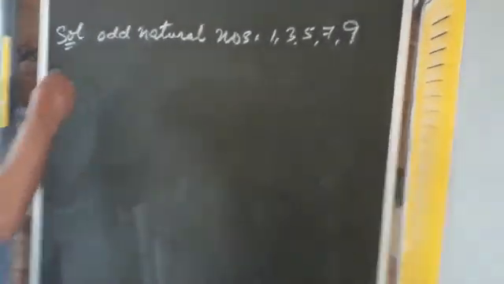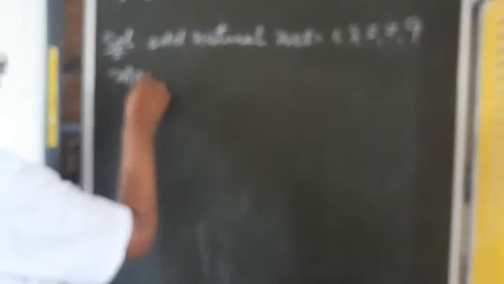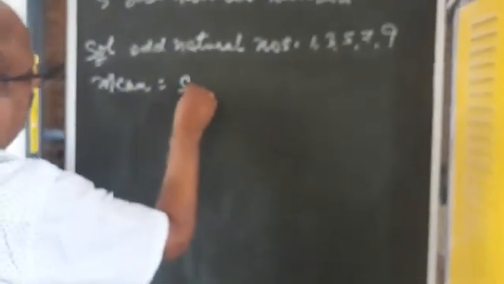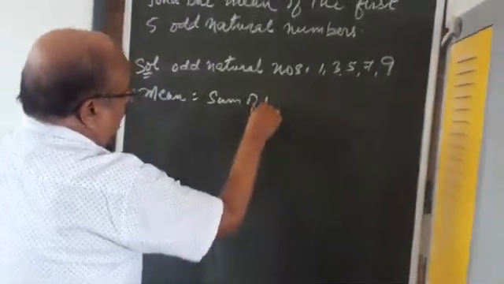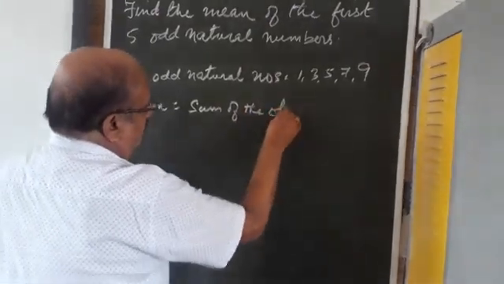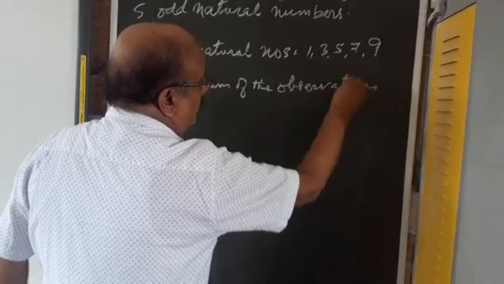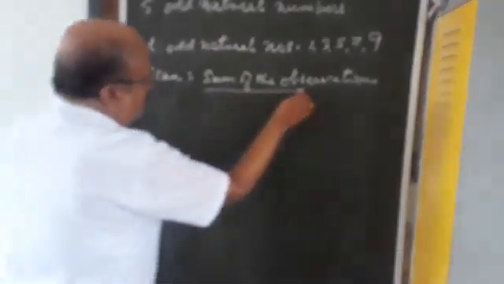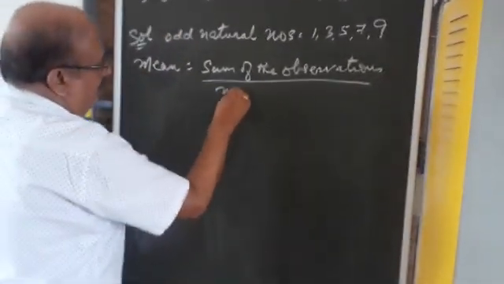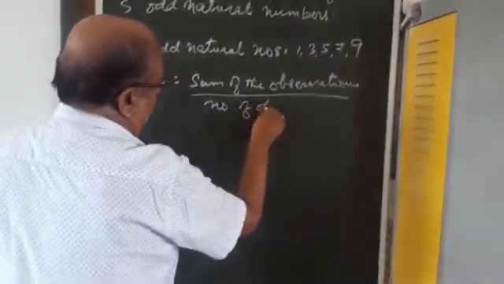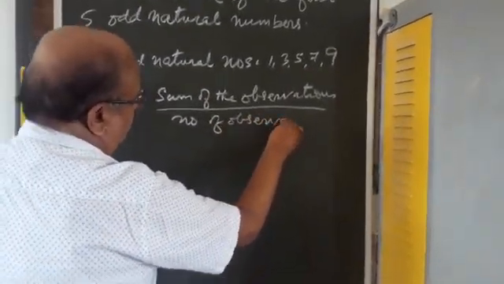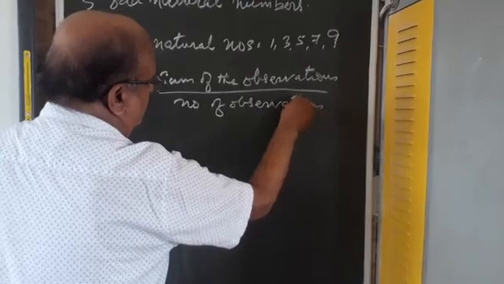That means we find the mean, which is equal to the sum of the observations divided by the number of observations. Correct?